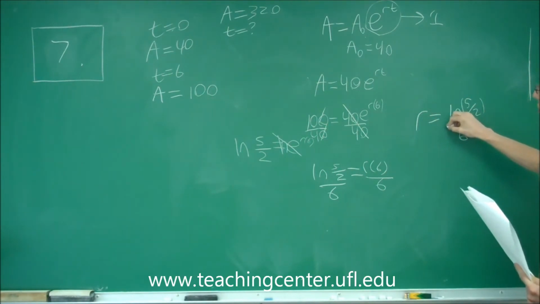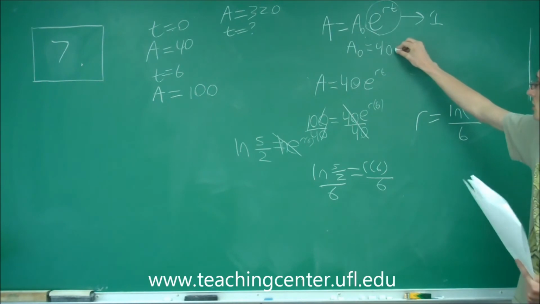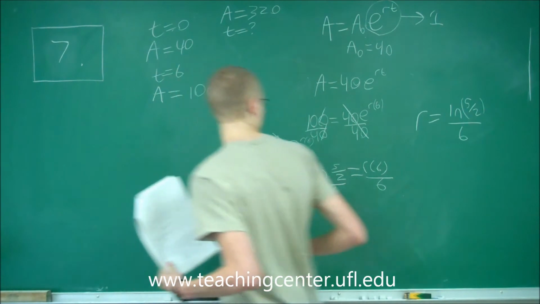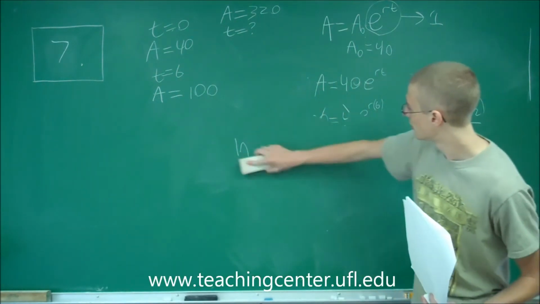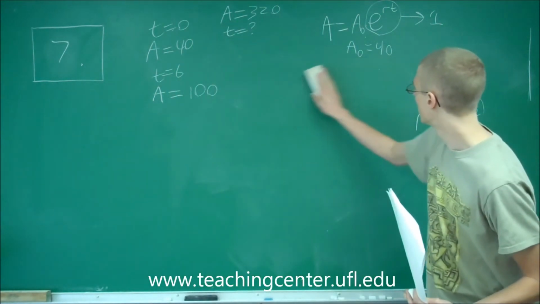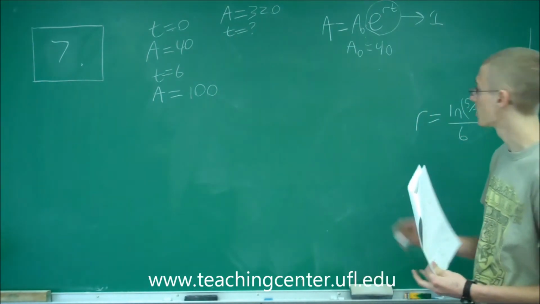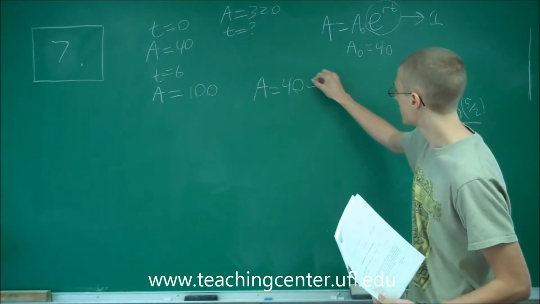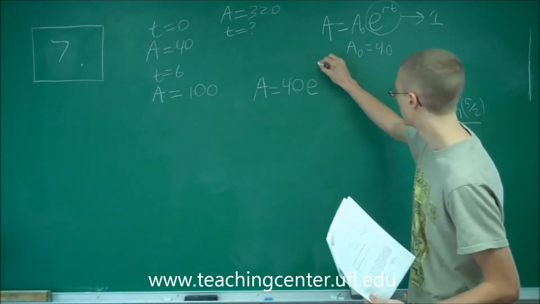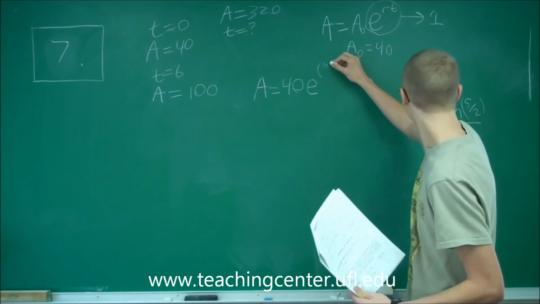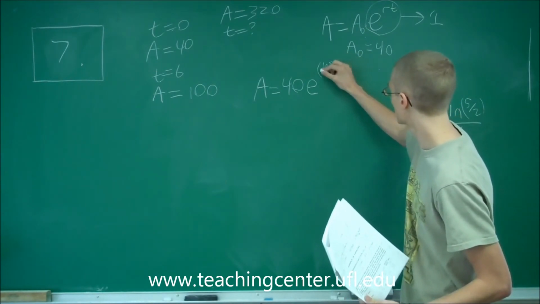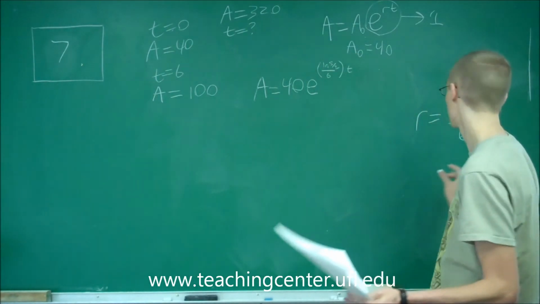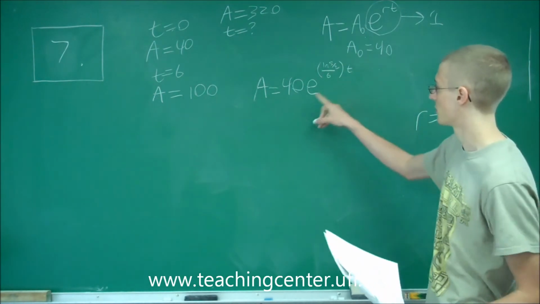Okay, so we have our r now, we have our initial value A0. So now we can rewrite the equation. So our new equation is now A equals 40 e raised to the, and this is our r, so ln 5 halves over 6 times t. So now we have everything we need to solve this equation.